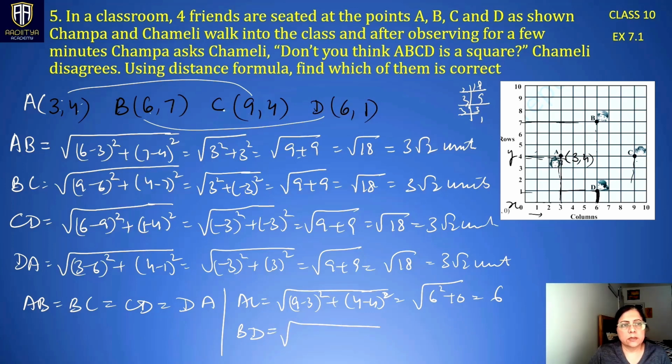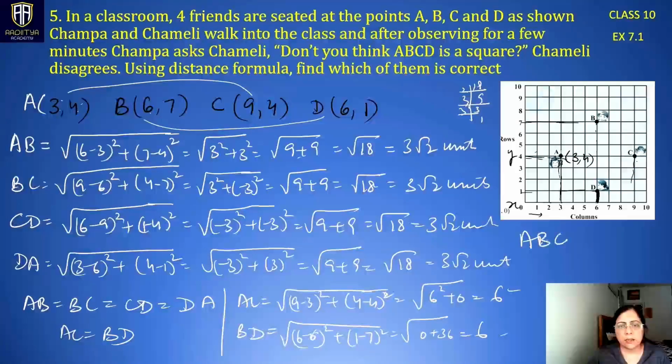BD is 6 minus 6 square added to 1 minus 7 square. So we have 0 added to 36, which is 6. So AC and BD are also equal. AC is also equal to BD. So we can say that ABCD is a square.